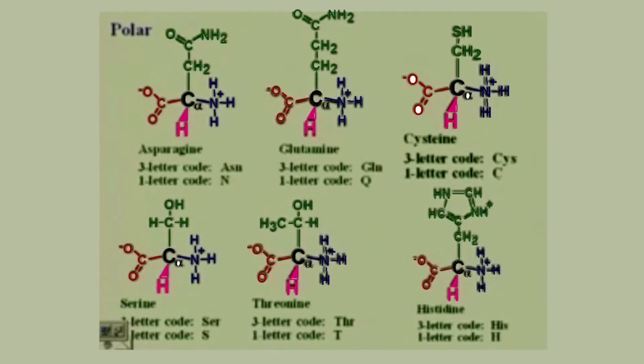So, they can participate in what we call hydrogen bonding, which is extremely important in non-covalent interactions in proteins, which is what hold a protein folded together, the protein chain, the amino acid chain.